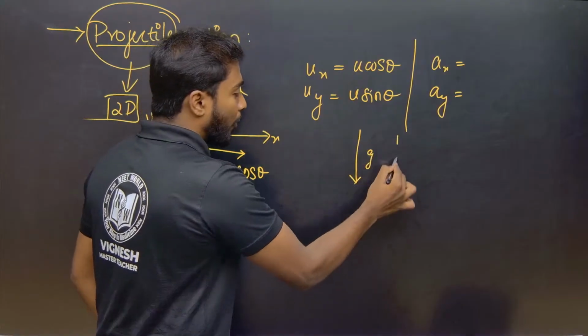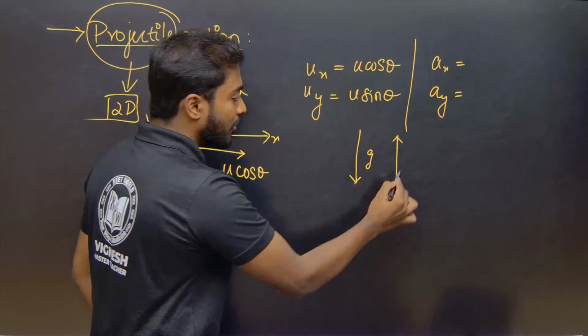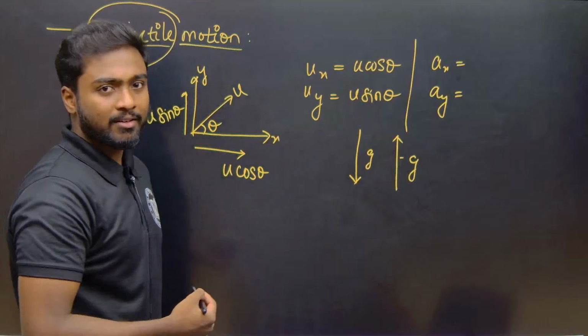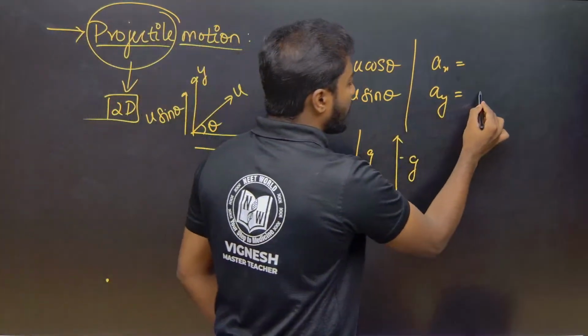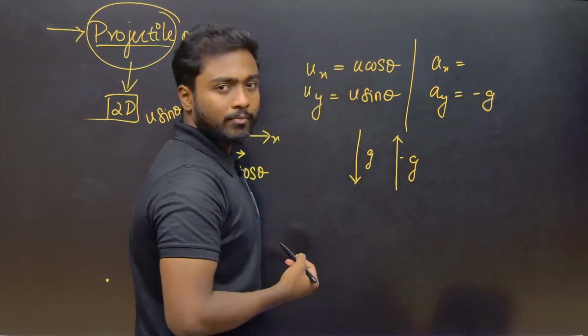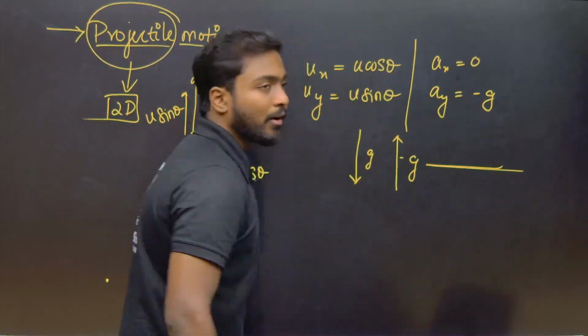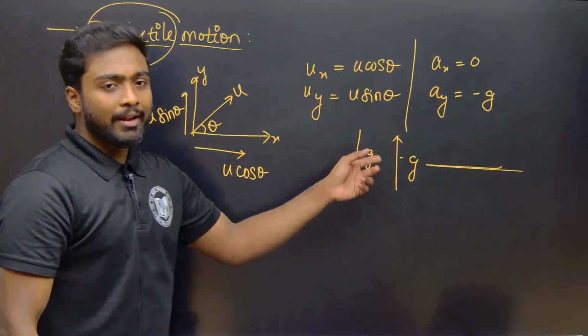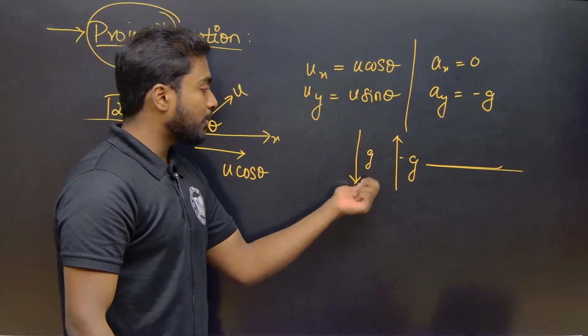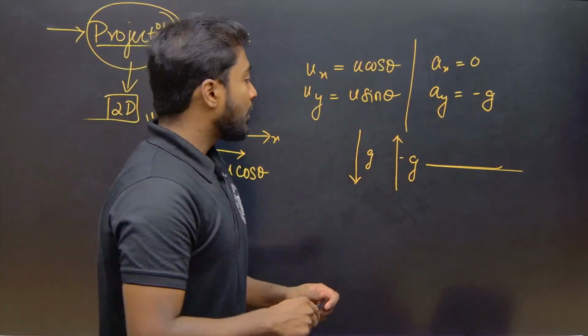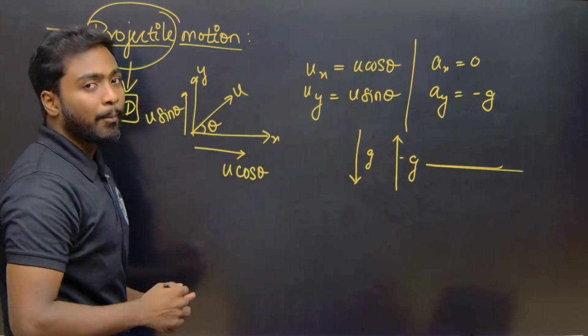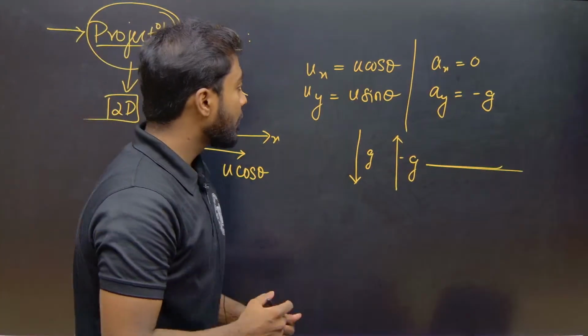If I throw a ball opposite to gravity, it is minus g. So for ay it is minus g, for ax it is 0. There is no gravity in the horizontal direction, only in the vertical direction we consider either plus g or minus g, accordingly, here I am throwing opposite to the direction of gravity, right.